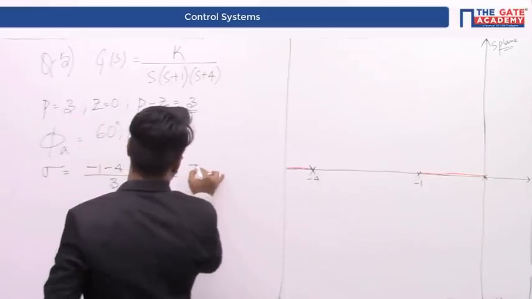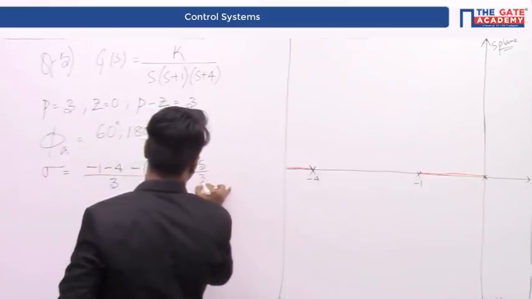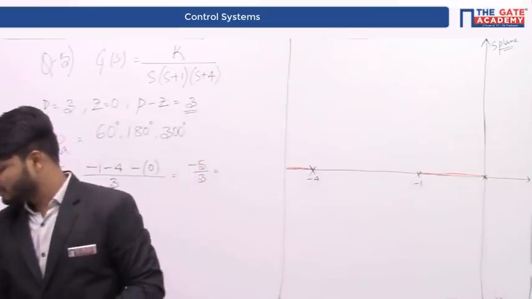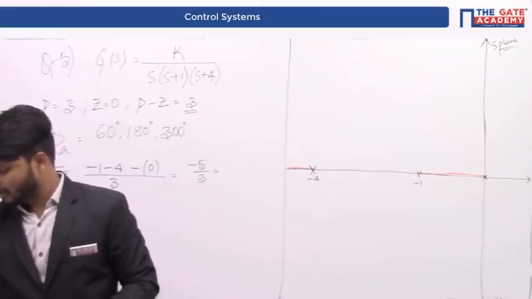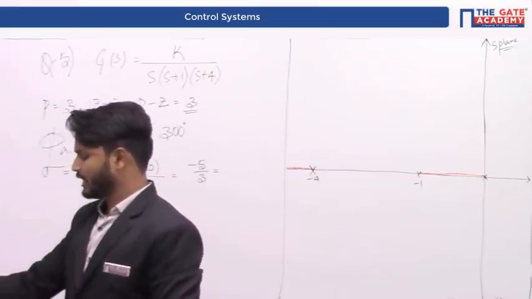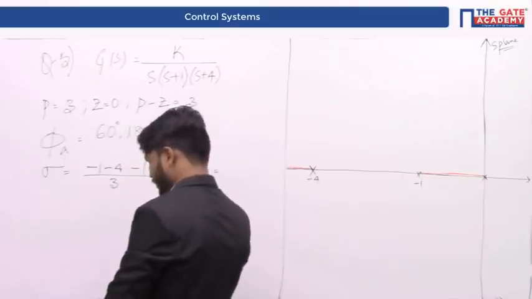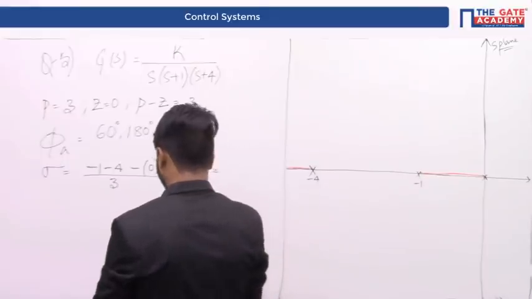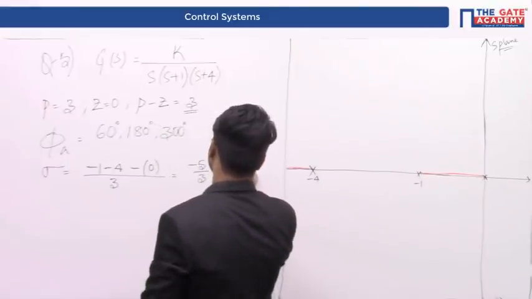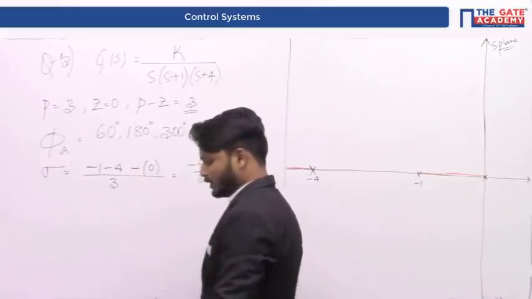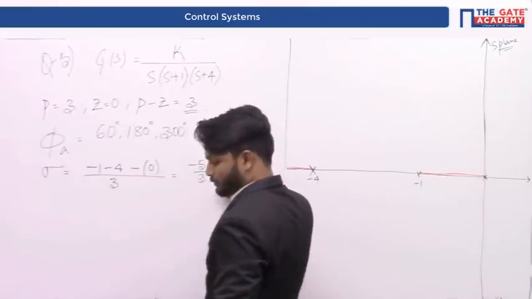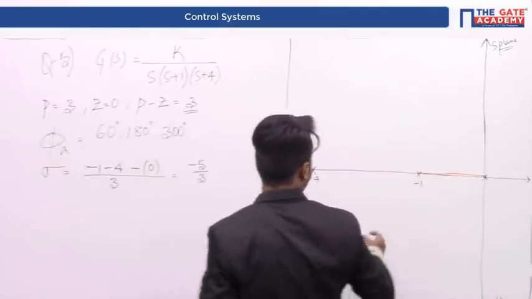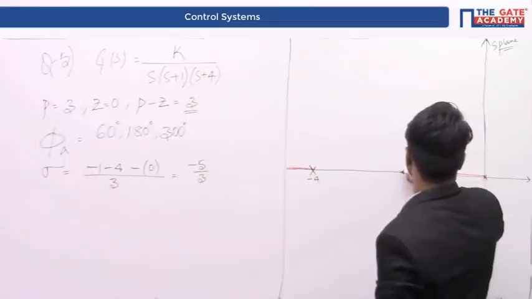This is minus 5 divided by 3. Therefore, the centroid value is minus 5 by 3. If you calculate the exact value, it is not even 2 point something, it is 1 point something. So let it be minus 5 by 3 itself. The centroid is going to be somewhere here.